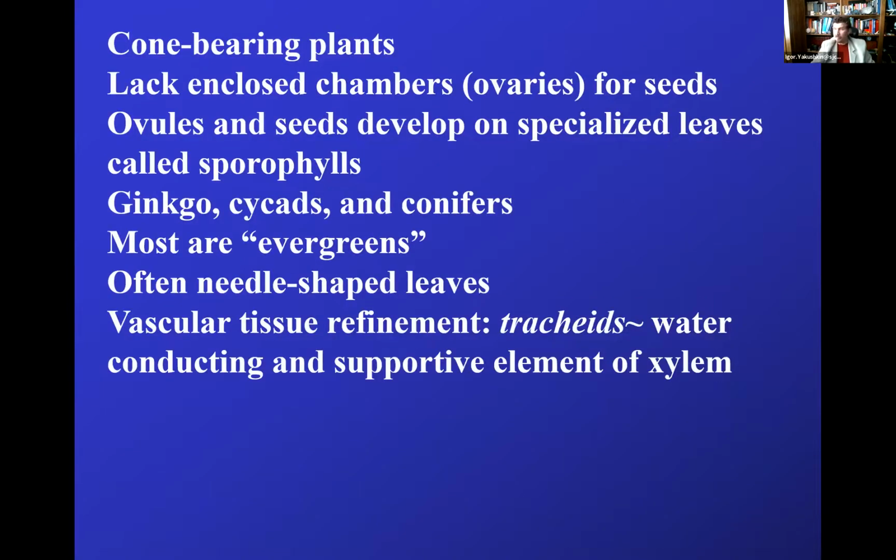So cone-bearing plants mostly don't have ovaries, and the ovary in the flowering plants is essentially what will develop into the fruits. So anytime you're eating fruit, you're eating part of the ovary. Again, we are horrible to the plants. We eat all kinds of weird things. You're not going to say, hey, today we'll have chicken ovaries, right? No, or cow ovaries, or what have you.